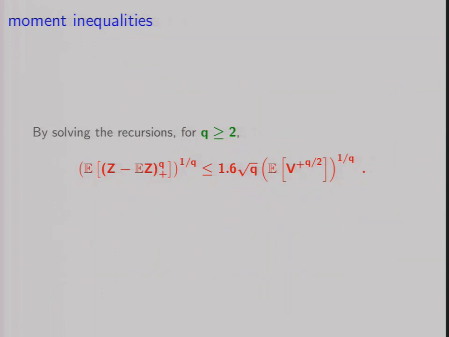Yes? Also in this case, if our function is affine, then we only require q-wise independence among the random variables. If our function is affine or linear, you would require only q-wise independence among the xi's. Oh, yes, but okay, to get bounds for the qth moment. Yes, that is true.